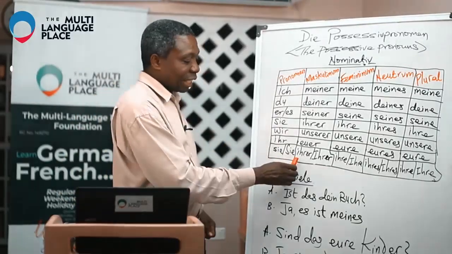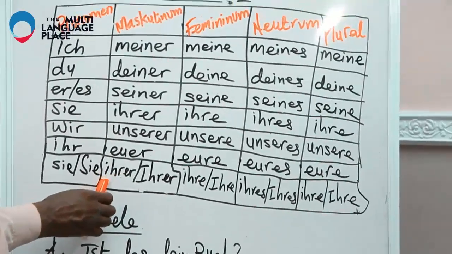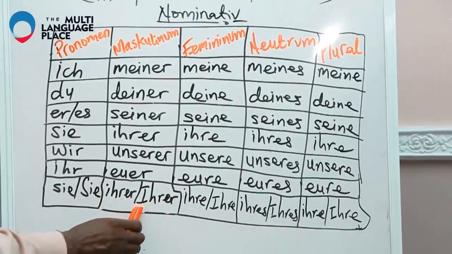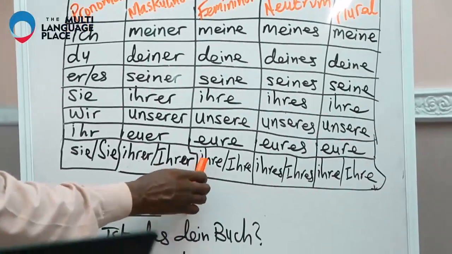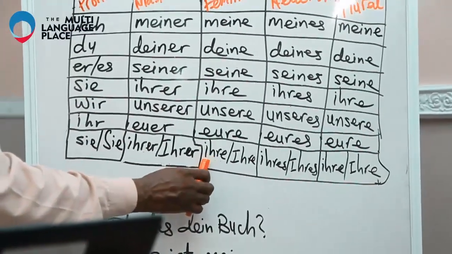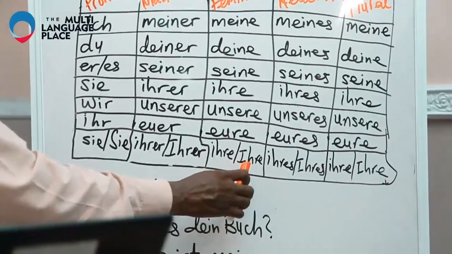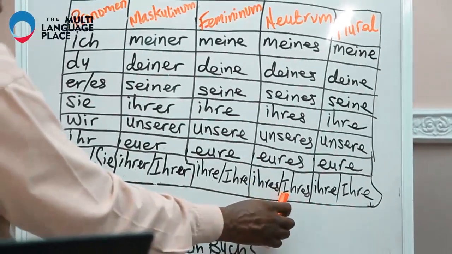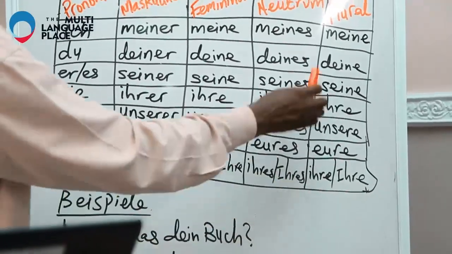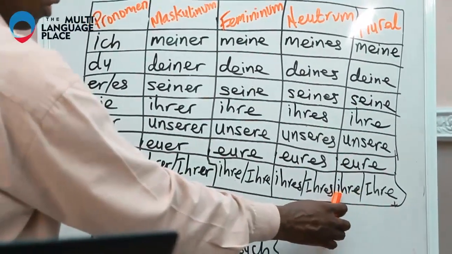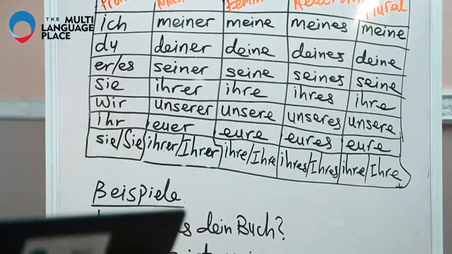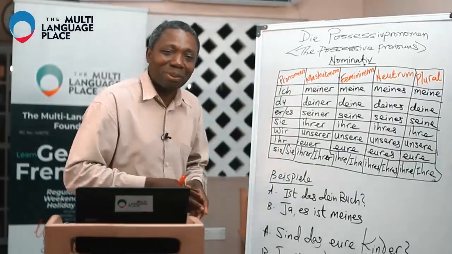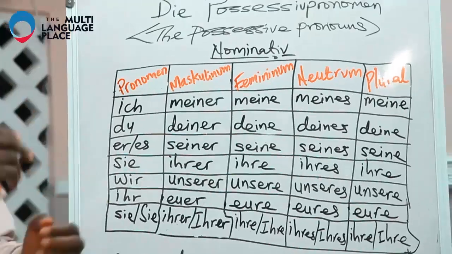So we have ihrer with a small I, and ihrer with a capital I, and for feminine ihre with small I and Ihre with capital I, and for neuter ihres and Ihres, and for plural ihre and Ihre. Wonderful table, a bit confusing, but that's not a problem.